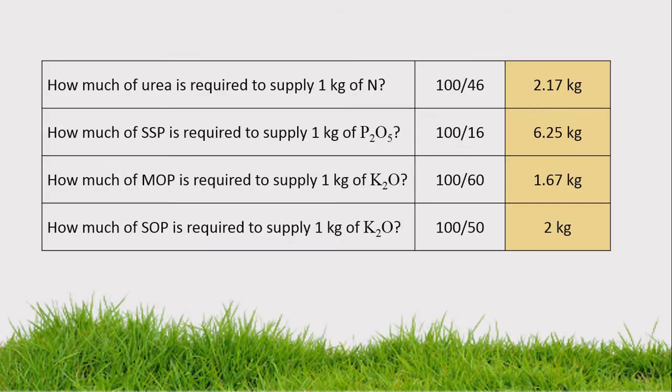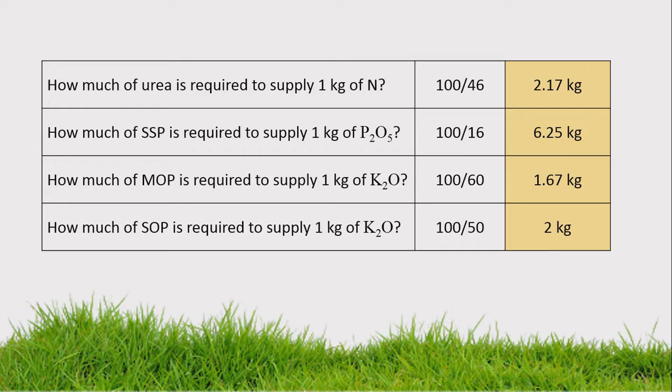You all know that 100 kg of urea can supply 46 kg of nitrogen. Now we will see how much urea supplies 1 kg of nitrogen. It is obtained by dividing 100 by 46, which is 2.17 kg. It means that 2.17 kg of urea can supply 1 kg of nitrogen.